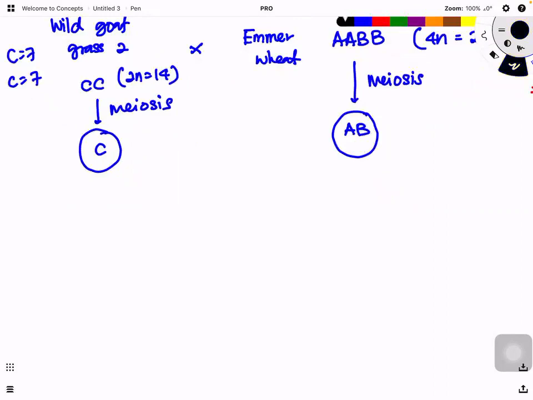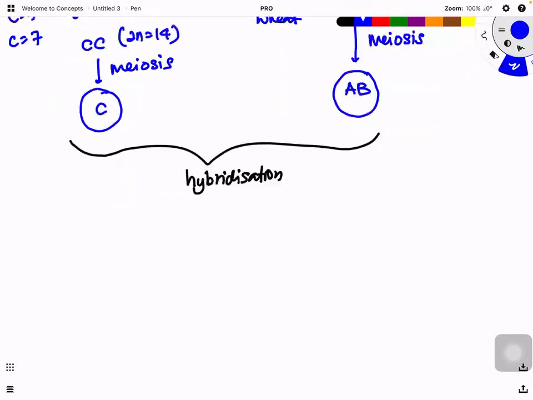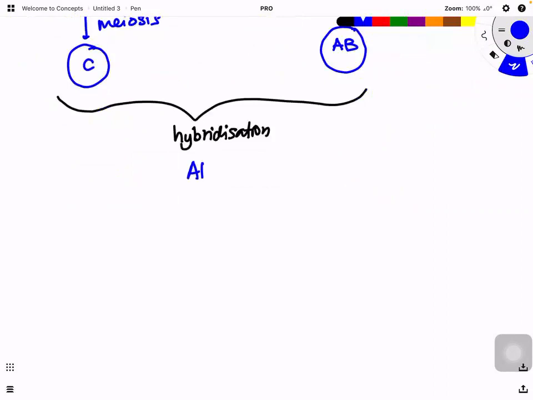We purposely make fertilization take place, so hybridization takes place again, producing ABC. A is one set, B another set, C another set, so 3n equals 21. Again it must be sterile, so it is a sterile hybrid.